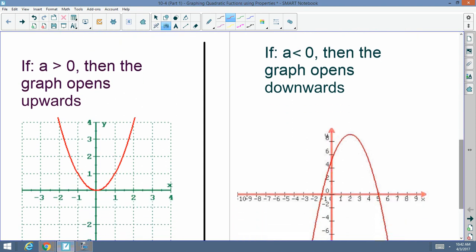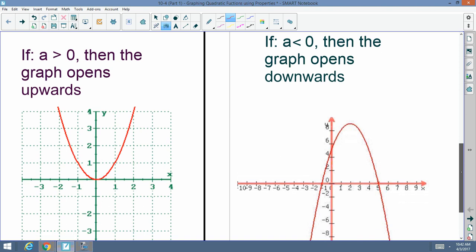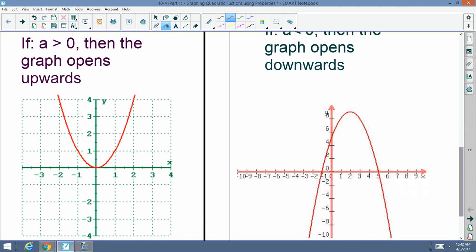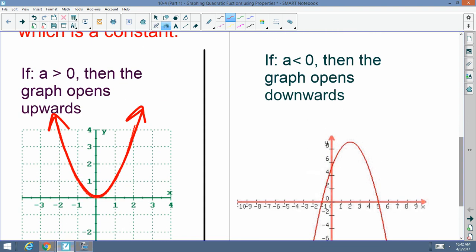Now, what does the a do? If the a is greater than 0, positive, the graph is going to point upwards, always. So if the coefficient in front of x squared is positive, the graph is pointing upwards. If the a is less than 0, negative, it is opening downwards.